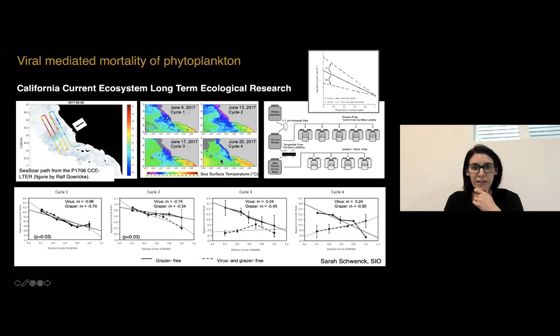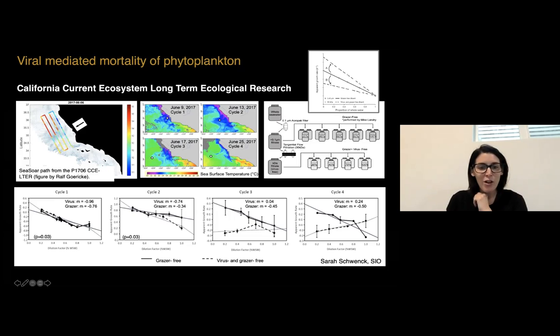And so when she went out to these different cycles in these different filaments, we of course see very different trajectories. There's a lot going on here, but again, this is the dilution factor. You start at 0 and you go to 1. This is whole seawater, 100% seawater, and apparent growth rate is on the y-axis. We have the same kind of lines as I mentioned, though they're not as pretty in real data.